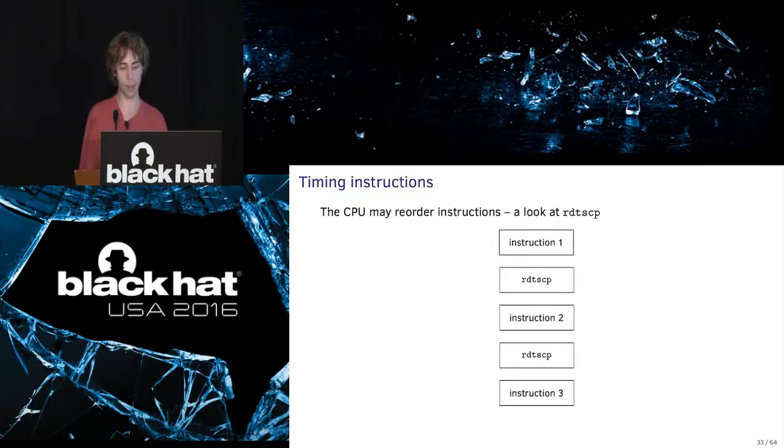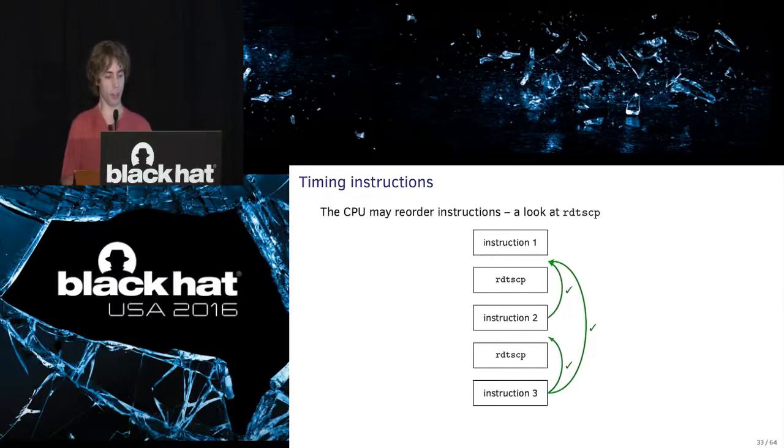If we look at a simple example with 3 different instructions and we want to measure the middle instruction with RDTSCP, then the CPU is actually allowed to reorder the instructions like this. So instruction 2 may be executed before the RDTSCP, and instruction 3 may also be reordered to be executed in between or even before. And this is really bad because then we don't know what we actually measured. We measured something, but probably not what we wanted.